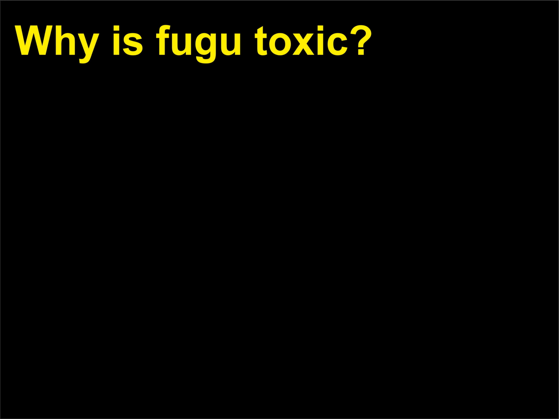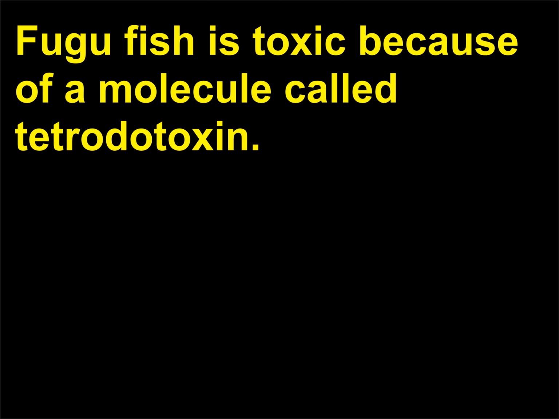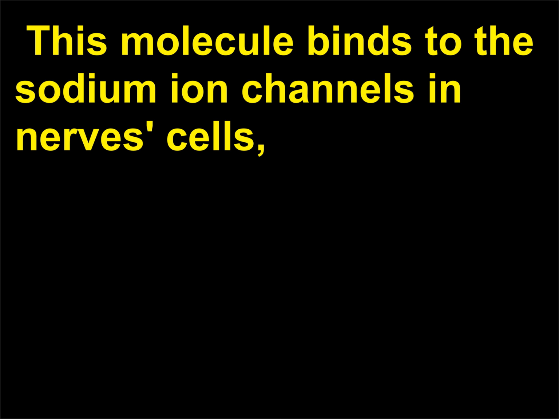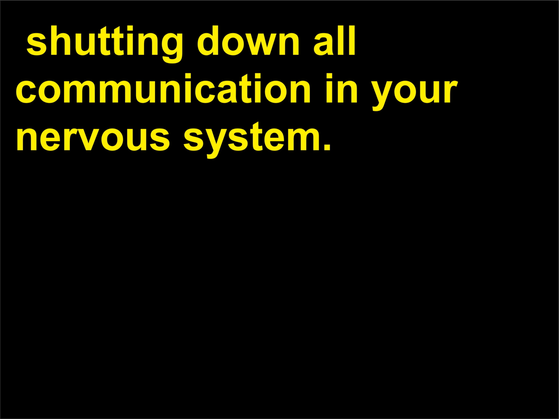Why is fugu toxic? Fugu fish is toxic because of a molecule called tetrodotoxin. This molecule binds to the sodium ion channels in nerve cells, shutting down all communication in your nervous system.